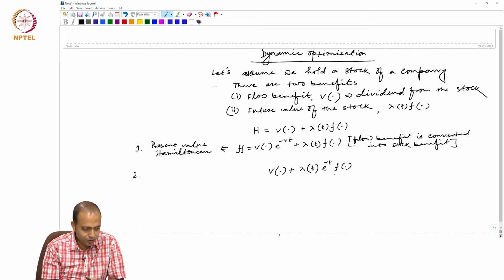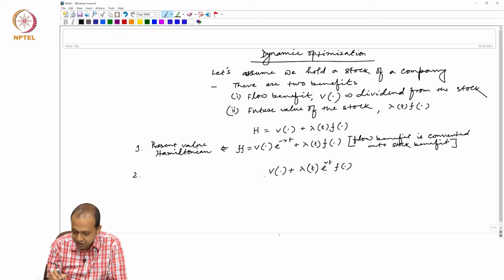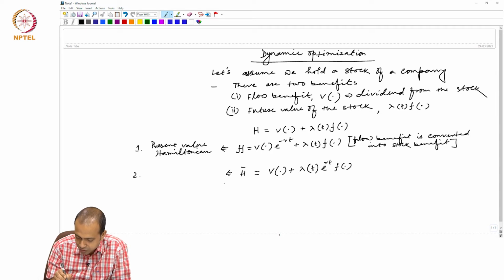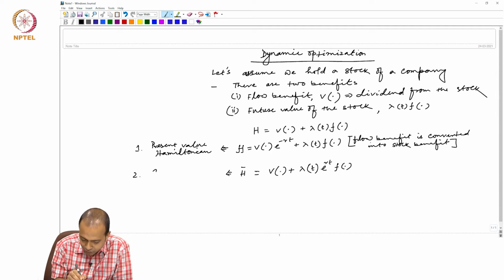I am writing this as h bar, and this h bar is known as the current value Hamiltonian.